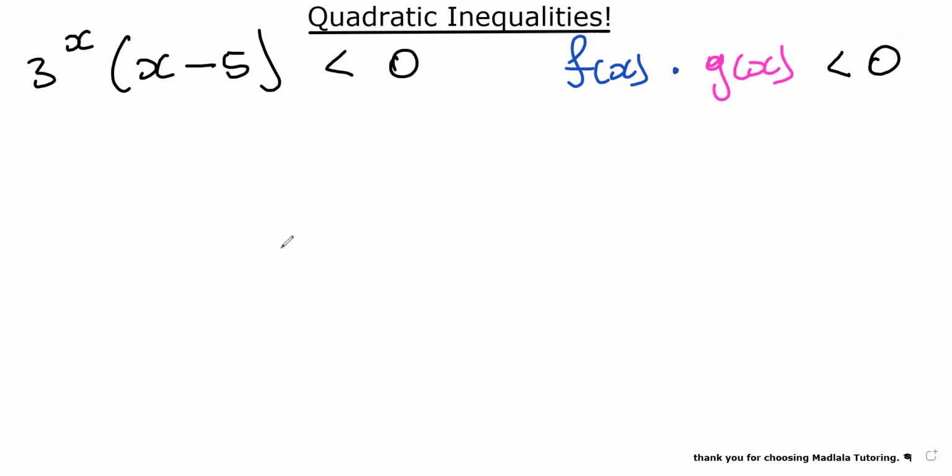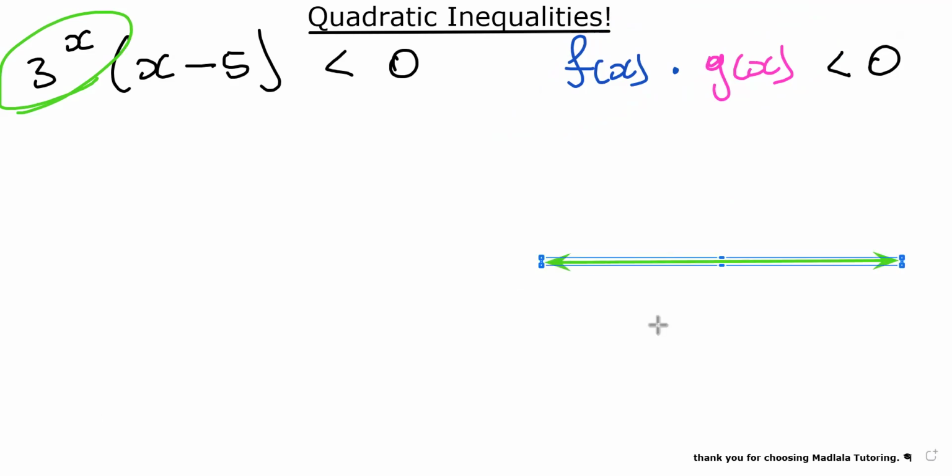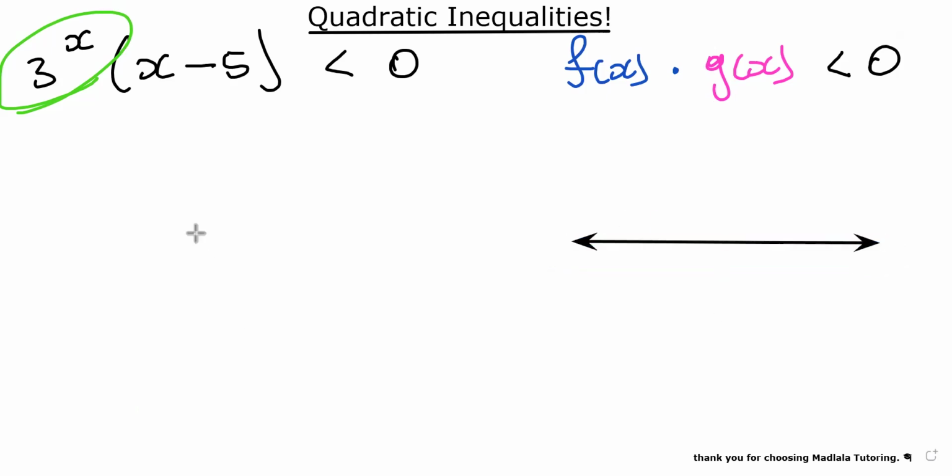Well, unfortunately, you can't do this if you don't have the knowledge on functions, because 3 to the x, that is an exponential function, right? Of course. And we know that an exponential function that is increasing is always above the x-axis. Always.